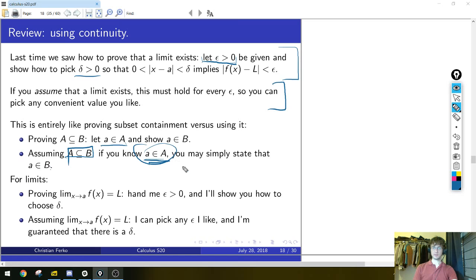So you can pick a in the second case, but not in the first case. It's the same thing with limits. If you're proving a limit exists, you cannot pick epsilon. You have to assume it's handed to you and describe how to choose delta. But if you assume a limit exists, then you can take any epsilon you like. And we will use this in some of the subsequent proofs.